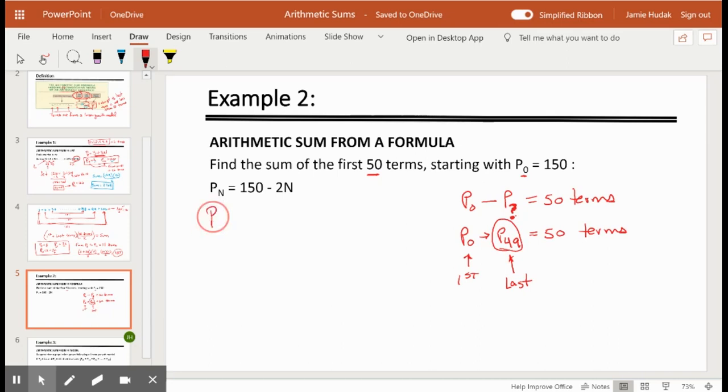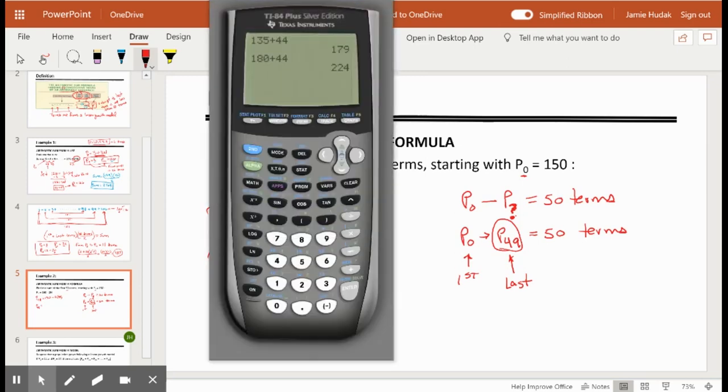So we come back here and we say P49 is equal to 150 minus 2 times 49. 150 minus 2 times 49 gives us 52.